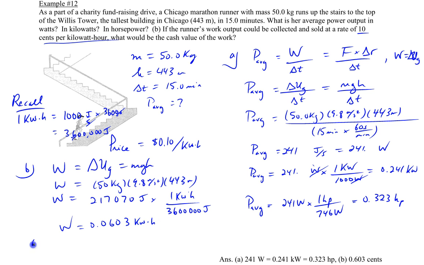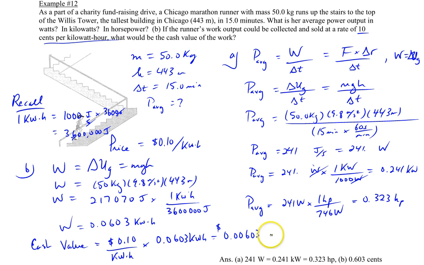So then our total cash value would be, well, the price is 10 cents for every kilowatt hour. And so if we multiply by how many kilowatt hours we have, then we get 0.00603 dollars, which is basically not even a cent, 0.6 cents. And that's it for example number 12.